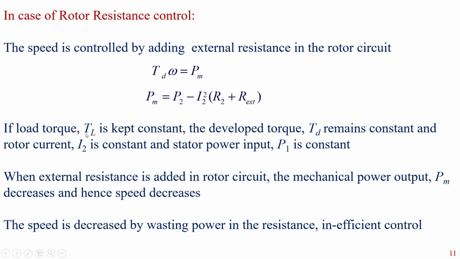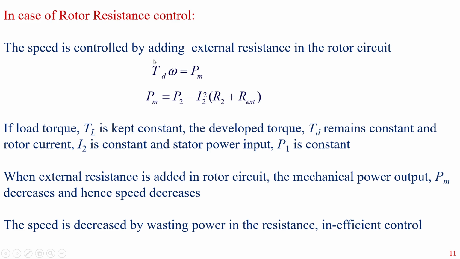If load torque TL is constant, the developed torque remains constant, the rotor current I2 is constant, and the stator power input P1 is constant, and thereby the rotor input P2 is also constant. When external resistance is added in the rotor circuit, the rotor copper loss increases, thereby the mechanical power output decreases.